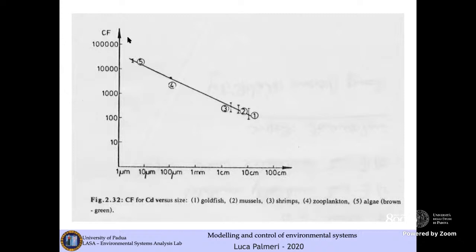In this case, you may find that concentration factors for very different sized organisms are displayed on a line. Here we have goldfish, number 1, a larger animal, mussels, shrimps, zooplankton, so we are talking of very small animals, and algae, number 5. These are brown-green algae. All these organisms, in terms of concentration factors, may be found on a line.